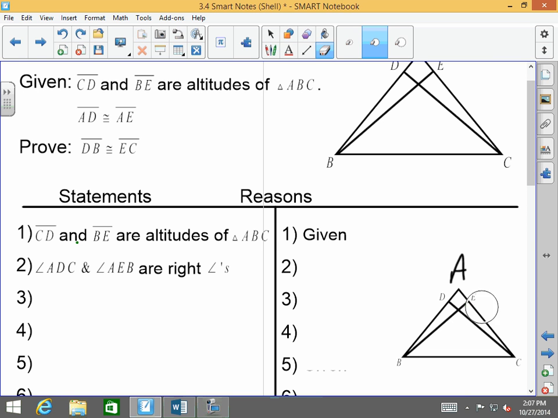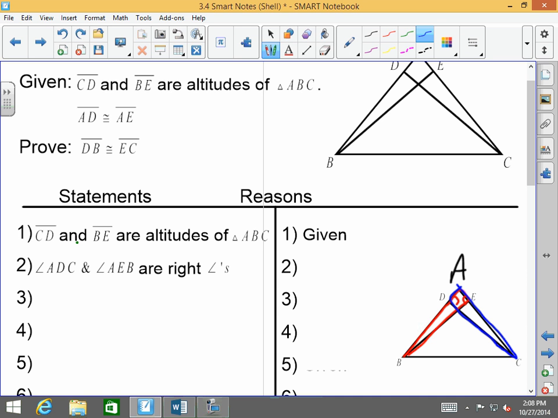Let me make this a little prettier. Okay, so I've got to make this angle the 90 and that angle the 90 because they're talking about this triangle and this triangle. You feel me there, guys? You promise?